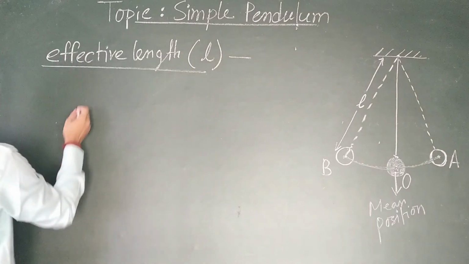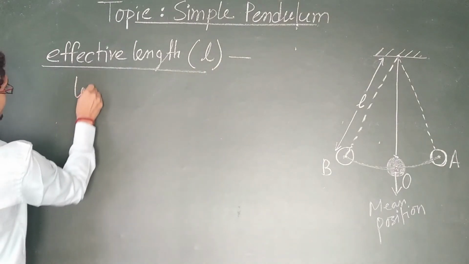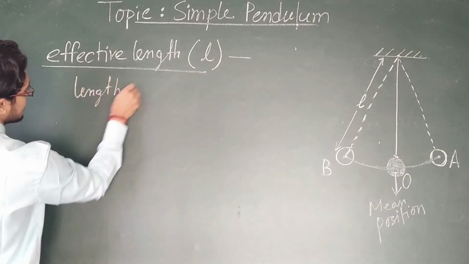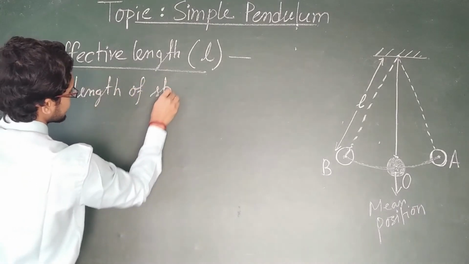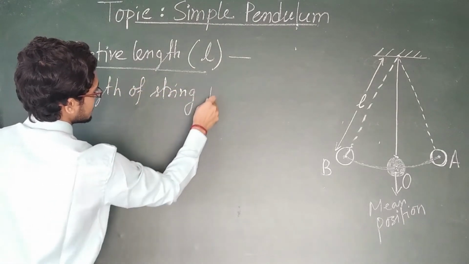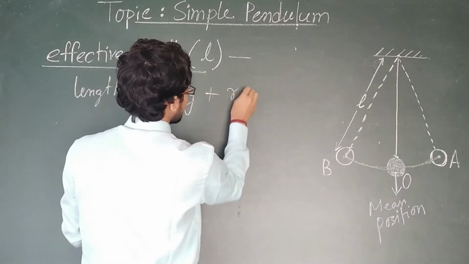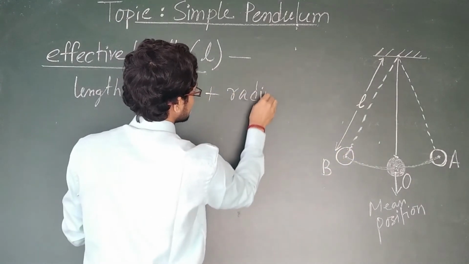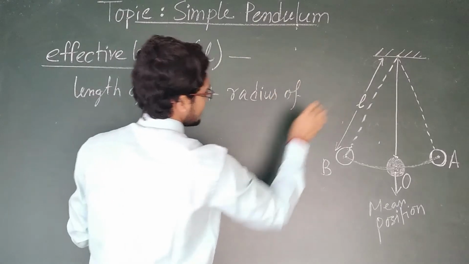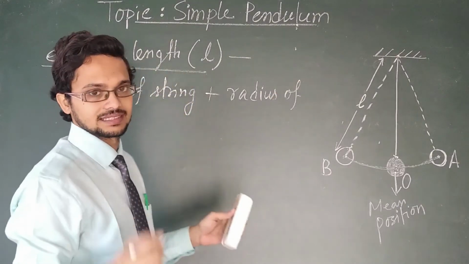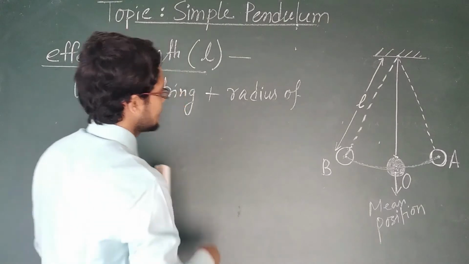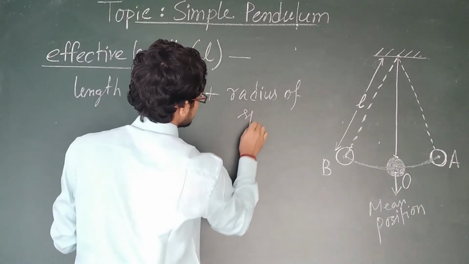So effective length means length of the string plus radius of the bob. As it is a uniform sphere, the center of mass will lie exactly at its center.